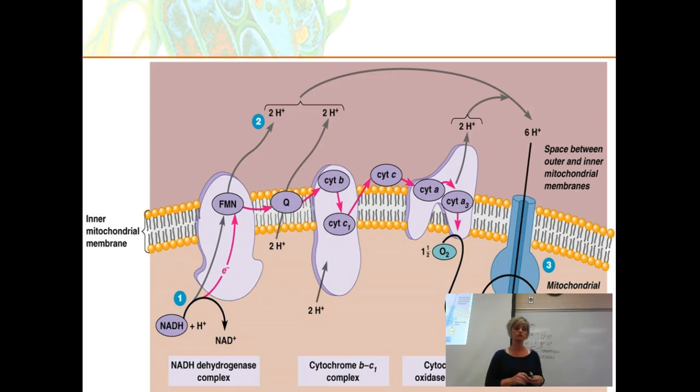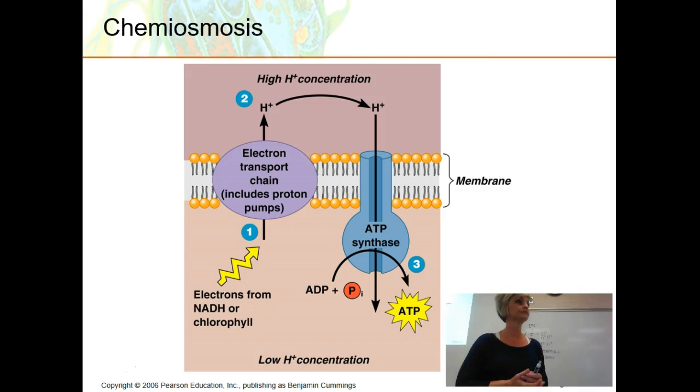So don't let this picture confuse you. I just wanted to show you the channels pumping that hydrogen across so that then we get the concentration and the electrical gradient. That enzyme recognizes an increase in the gradient and opens that channel. Hydrogen floods through. That's what allows us to release ATP. That whole process has a name, and it's called chemiosmosis.